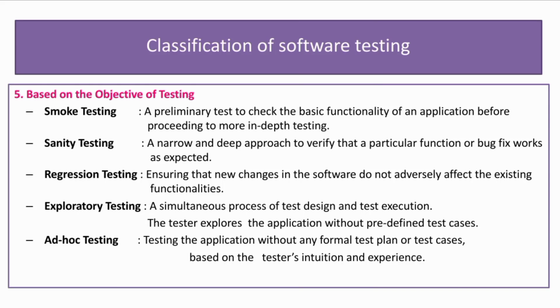Then regression testing. What is the meaning of regression testing? Once the first version of the software is identified with some defect, that is fixed, now it is tested, and it is also verified it's working properly. Then we are going to test whether this software is going to create any further defects with modifications, ensuring that new changes in the software do not adversely affect the existing functionalities.